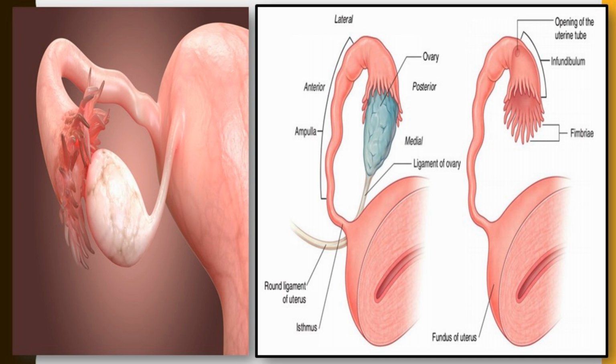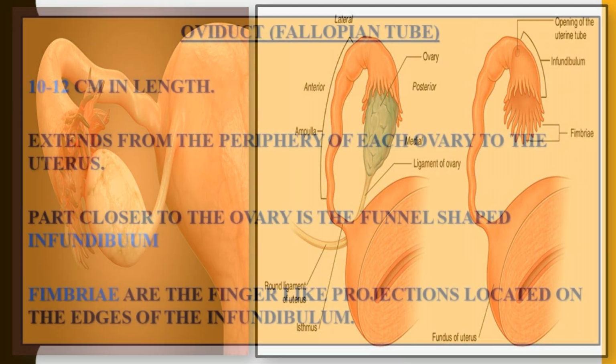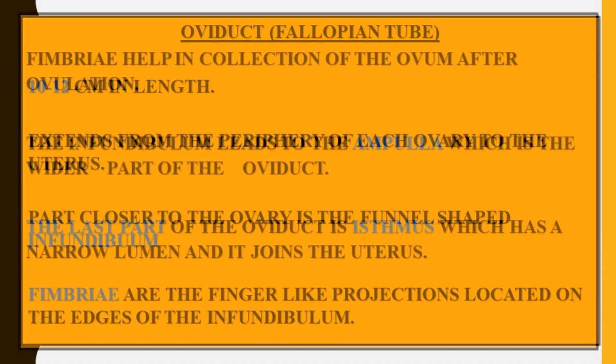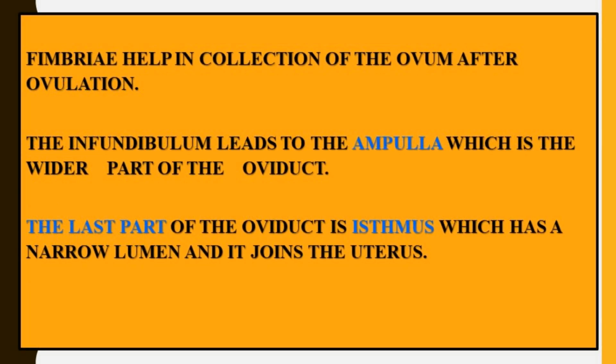The fallopian tubes are held in place by connective tissues, and the ovaries are organs about the size and shape of unshelled almonds located on either side of the uterus or somewhat behind the uterus. All the points we had discussed are given in these slides. Please go through it.